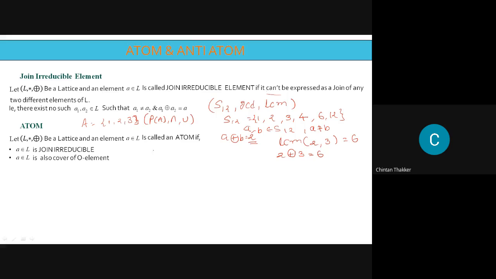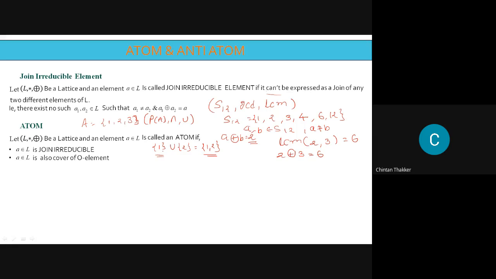In this lattice, 1 union 2 is {1, 2}. So {1, 2} is not join irreducible. But the singleton {1} is not a union of any two different elements, so it is a join irreducible element. Understand?